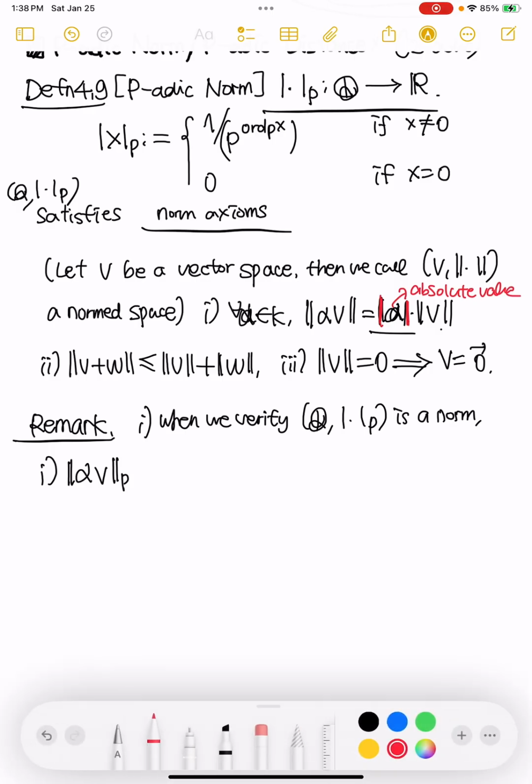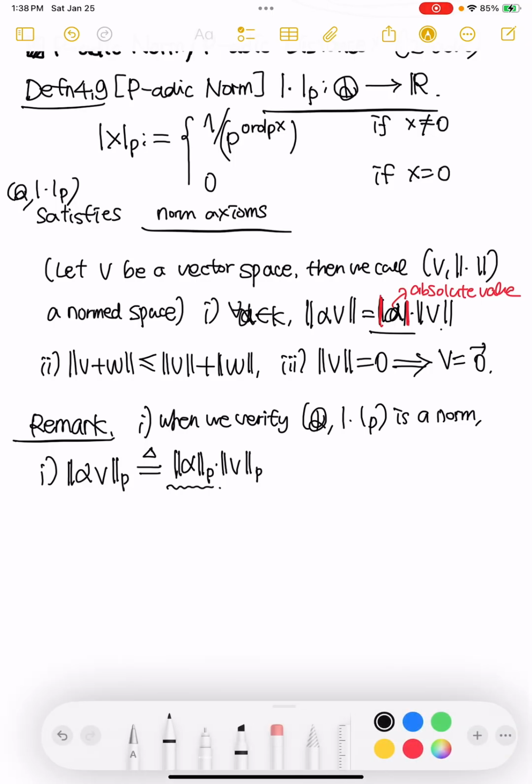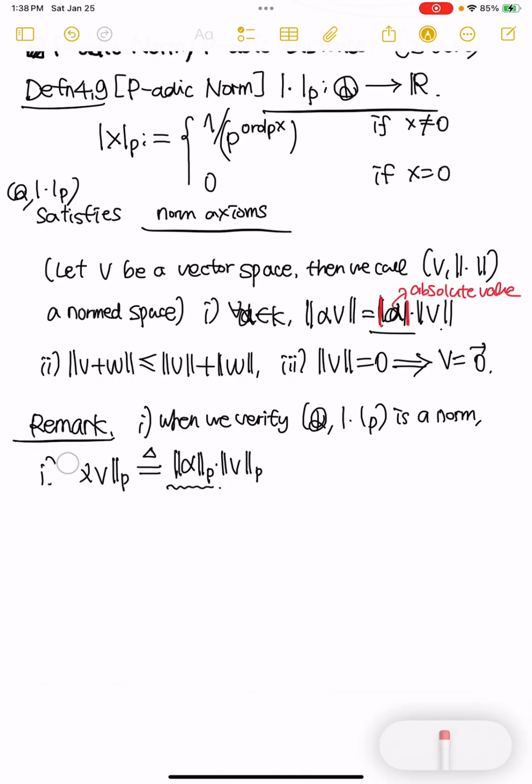But in this case, we should look at this part, which is a little different from the traditional definition of a normed space.